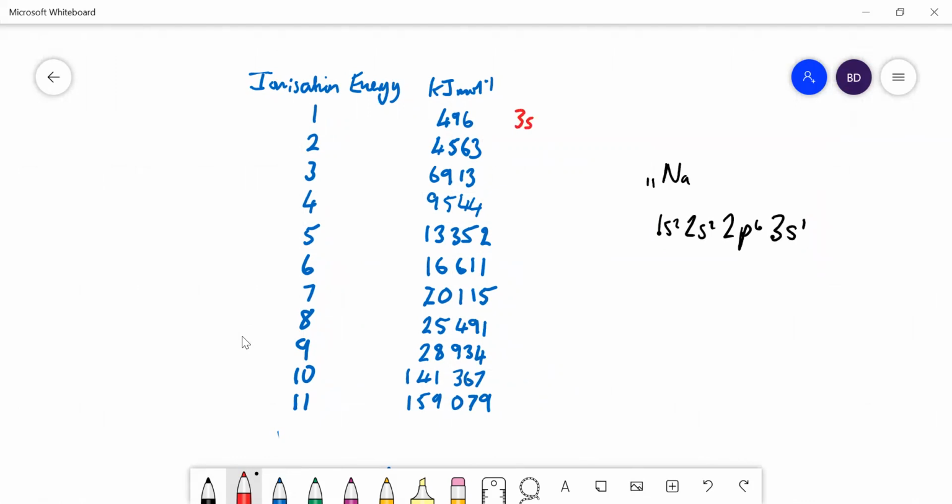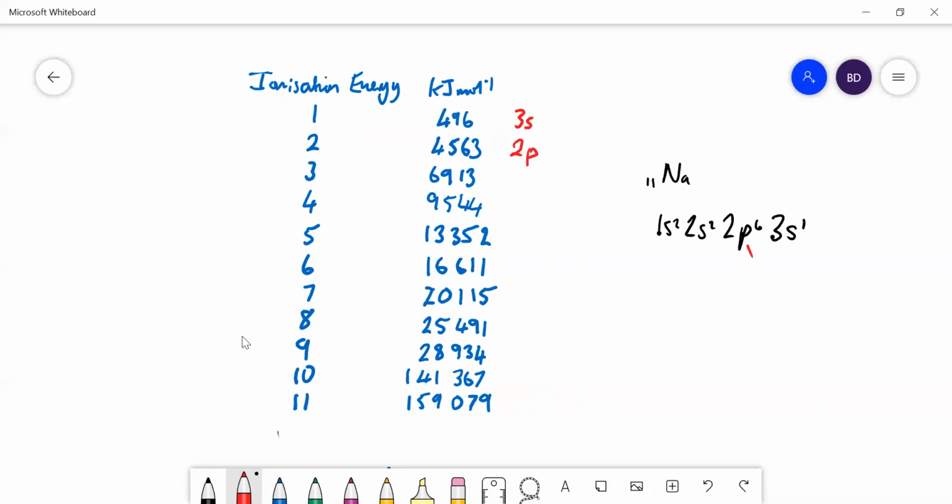Now you can see when you go up to the second ionization energy, it's not just a little bit more. You'd expect it to be more because you are now removing an electron from a positively charged ion, whereas in the first case you're removing it from something that's neutral. But it goes up loads. It goes up tenfold, and we can probably see why. That is because we are removing it from the 2p orbital.